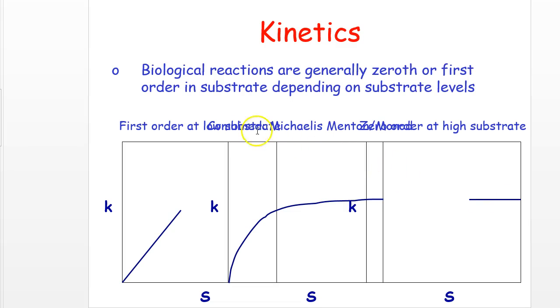And this is called either Michaelis-Menten, after the people who first discovered this in enzyme reactions, but then it's often called the Monod, since Monod was the person who saw that this is also valid for bioreactions.